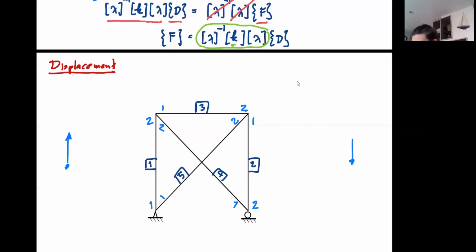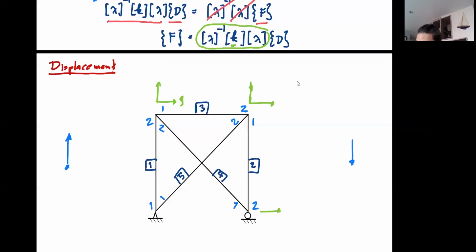So we can have displacement here. You can have displacement here, here, here, and here. Okay. I don't know why I use Q, but it works somewhat. So you have displacement number 1, Q1, Q2, Q3, Q4, and then Q5.